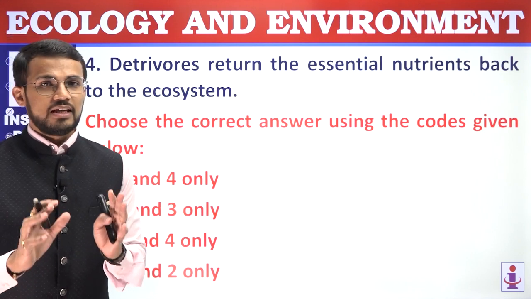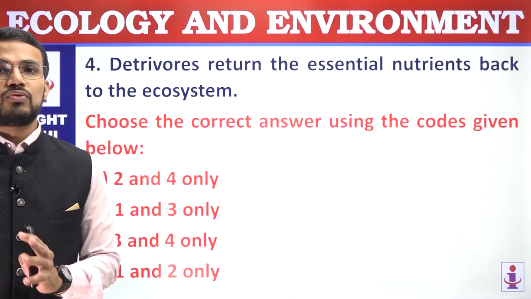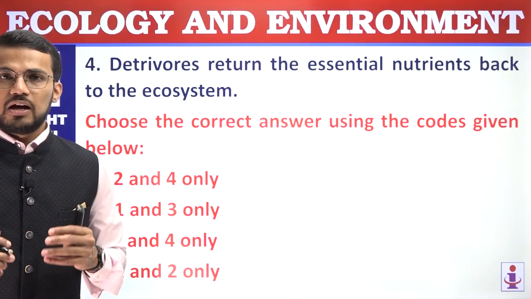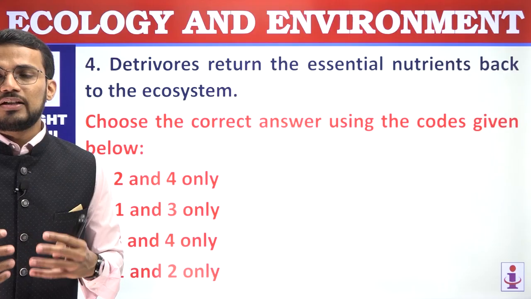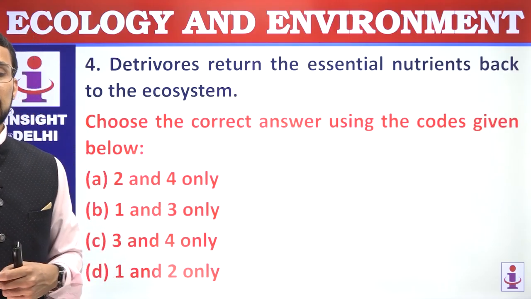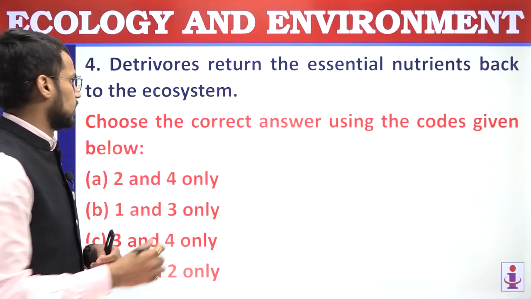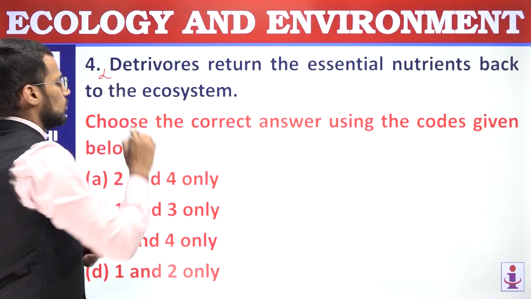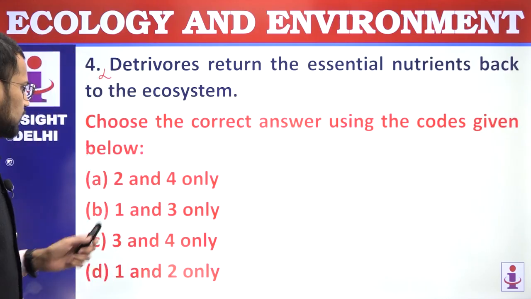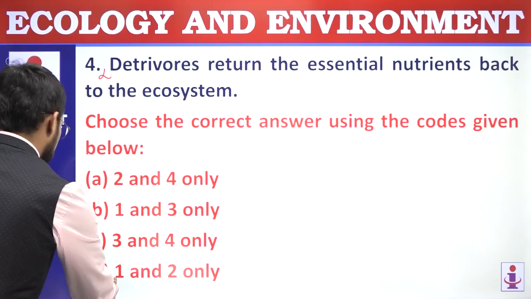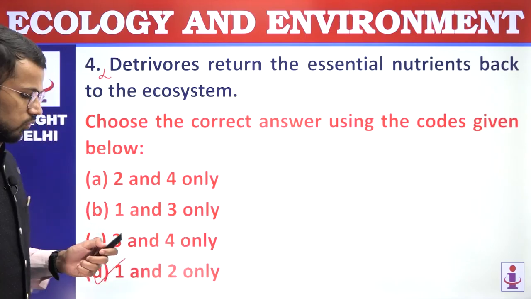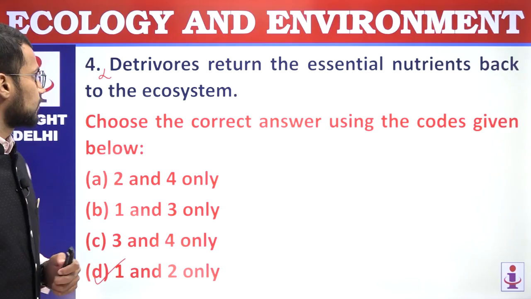Now this is a statement which is more relevant for decomposers, because decomposers, apart from getting food, also ensure that the nutrients are returned to soil, and that's why the fourth statement is incorrect. Only the first two are correct, and that's why the answer is D, 1 and 2 only. 14th question, answer is D.